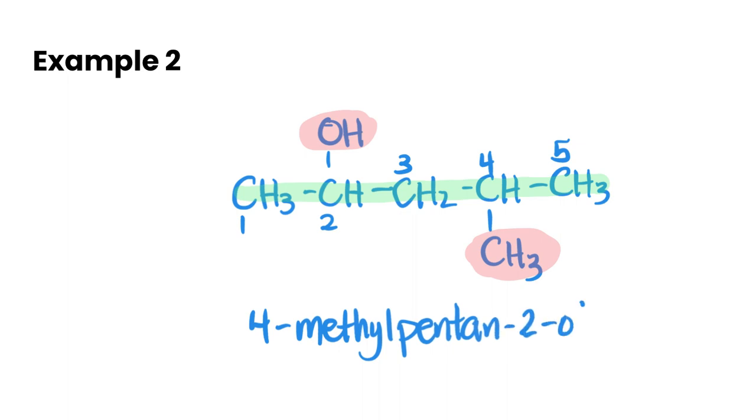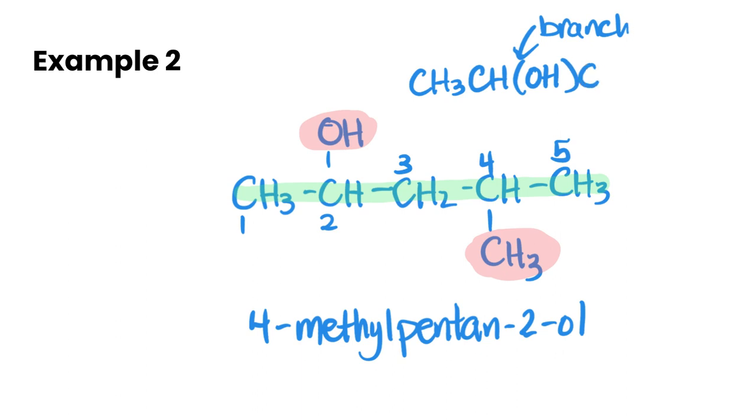2-ol. Now sometimes you might see this written in condensed format in textbooks or other places, and I want to show you what that looks like because it is a little weird. You could see this written as CH3CH, and then in brackets OH. Brackets usually indicate that something's branched, so that would be a branch.